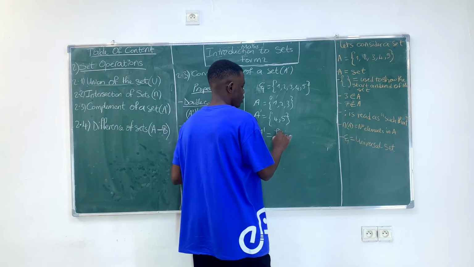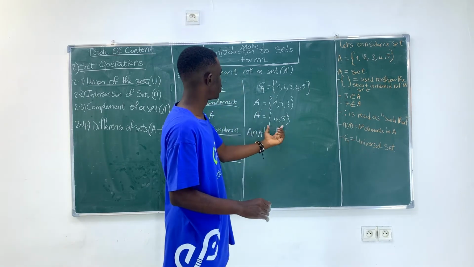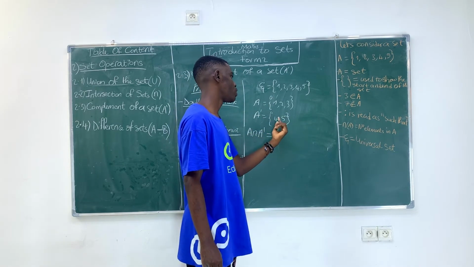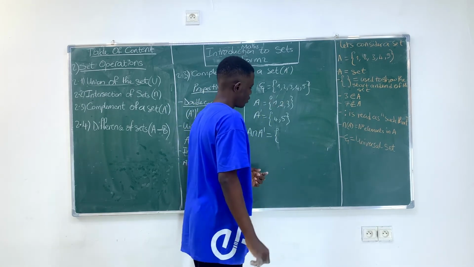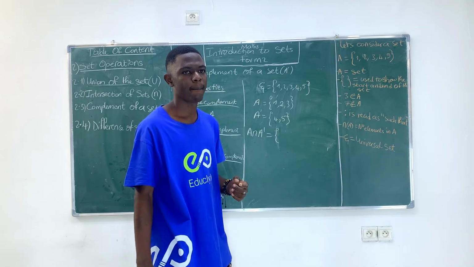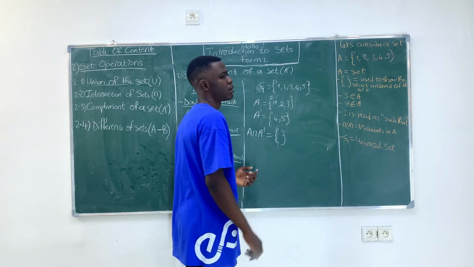So what are those values? 1 is not in A prime, 2 is not there, 3 is also not there. So it is a null set.